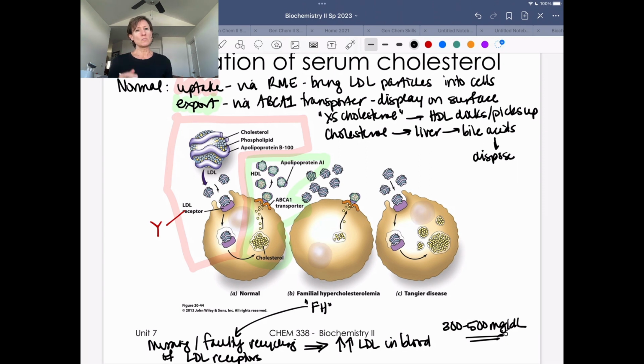All right, so familial hypercholesterolemia has a genetic component to it, as is indicated by the familial piece. But that is generally an issue because there's a problem with the uptake of LDL from your bloodstream into your cells. Either missing receptors, faulty recycling.